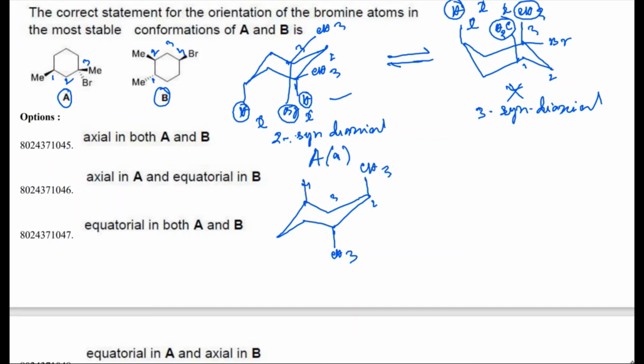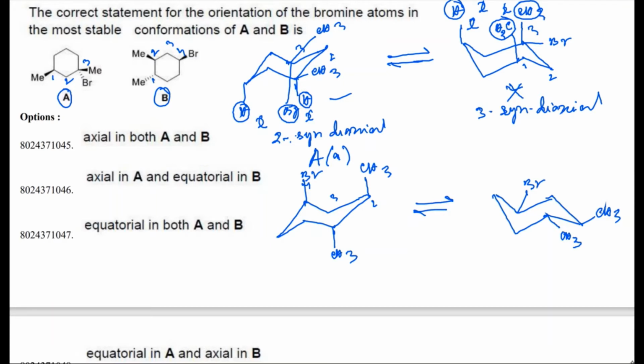In 4 the Br is above the plane. So all three groups are axial. If we flip the ring, the methyl will go equatorial. Here it will also go equatorial, and the Br will go equatorial. So here all the groups are in equatorial position.